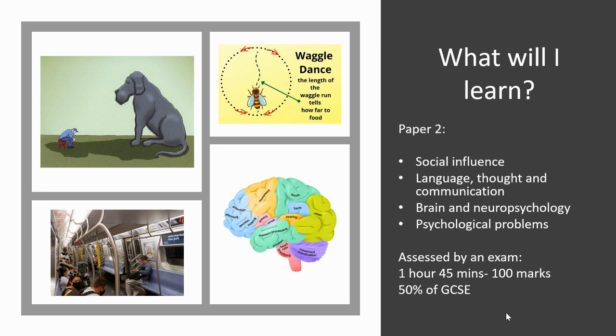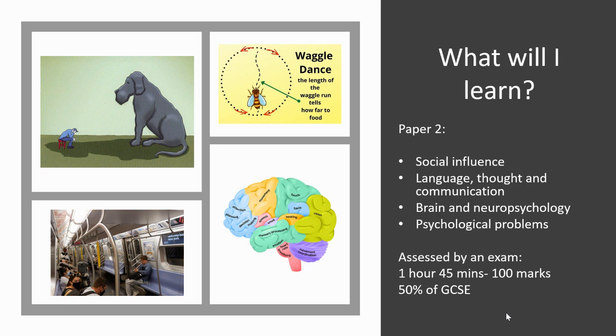So in one study we look at, they staged a collapse in a train carriage, and the person who collapsed either pretended to be drunk or pretended to be disabled, and they found that people were much more likely to help the disabled person because they seemed more deserving of help. So we look at how sometimes bystanders in an emergency may or may not help depending on what the victim looks like or appears to be like.